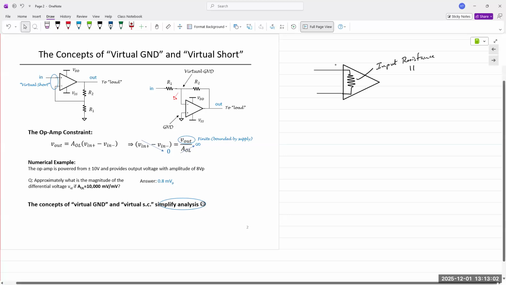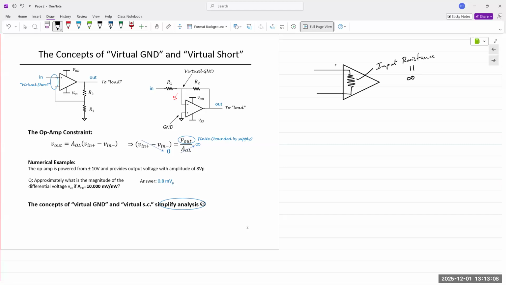Typical op amp is very high, ideal op amp it's infinite. Now, if it's infinite resistance and we send in any current, is any current flowing through that infinite resistance? No, right? There's no current going in there.